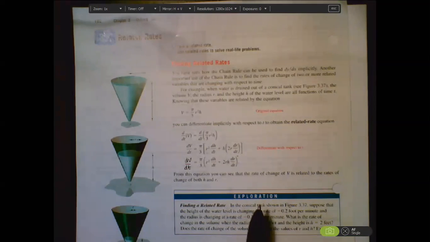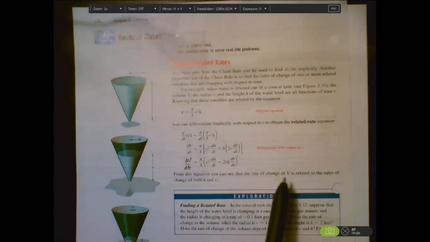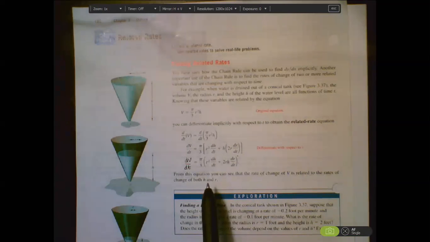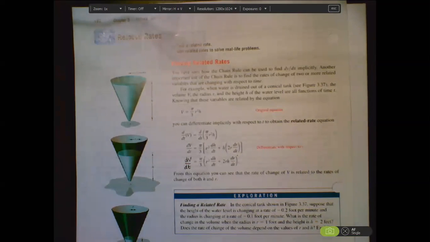From that equation, you can see that the rate of change in volume is related to the rate of change in both the height and the radius. So what we're going to be doing in all of these problems, there's a good little box at the bottom of page 183.